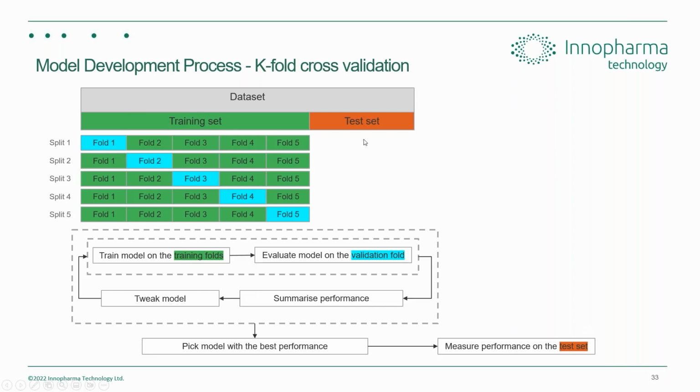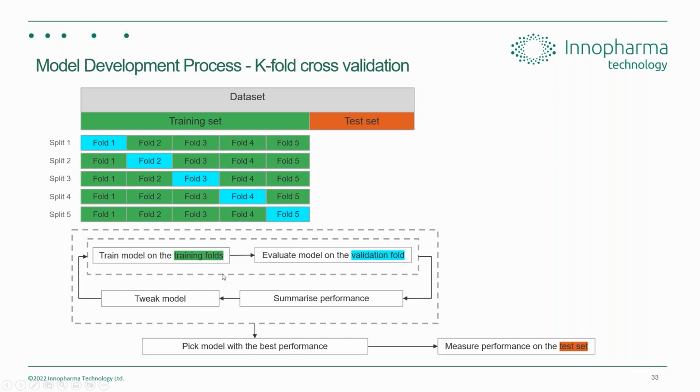And we could use the whole training set to train the model, but what's done as part of the k-fold process is we divide the training set into k folds. In this example, it's 5, so there are 5 folds in the training set, and training is performed in each instance using 4 of the folds, and we evaluate the model on the remaining fold.